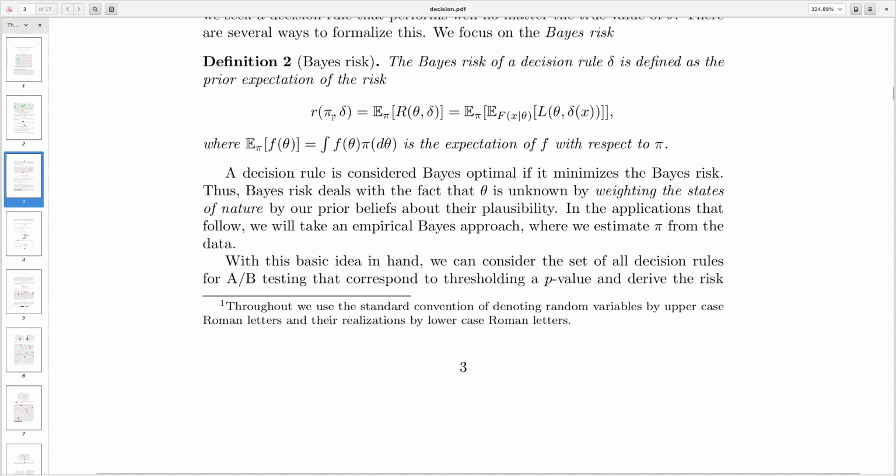The risk as a function of p and delta equals the expected value of the risk, the expected value conditioned on p of the expected value conditioned on theta of the loss function, where the integral is the expectation of f with respect to p.